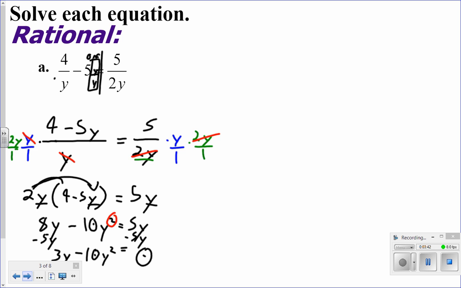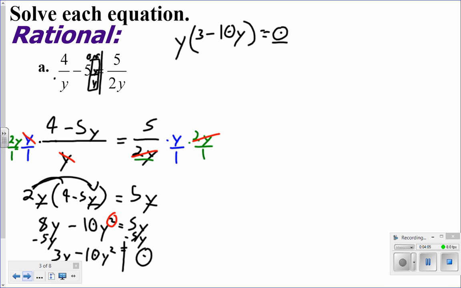So now I can factor out the left side. Both have a y, so I have y times the quantity 3 minus 10y is equal to 0.